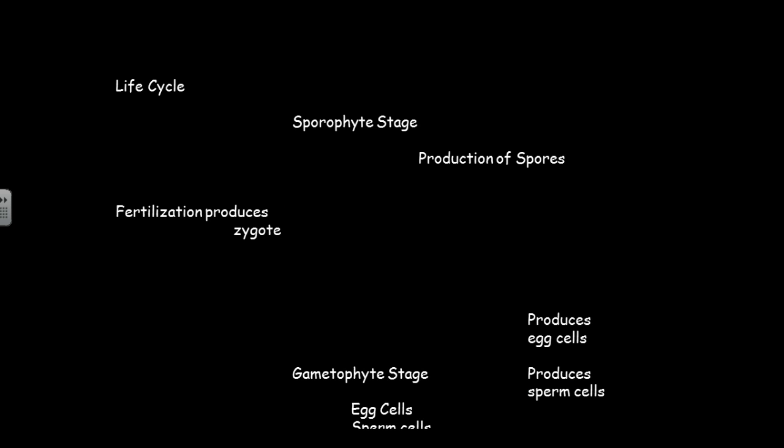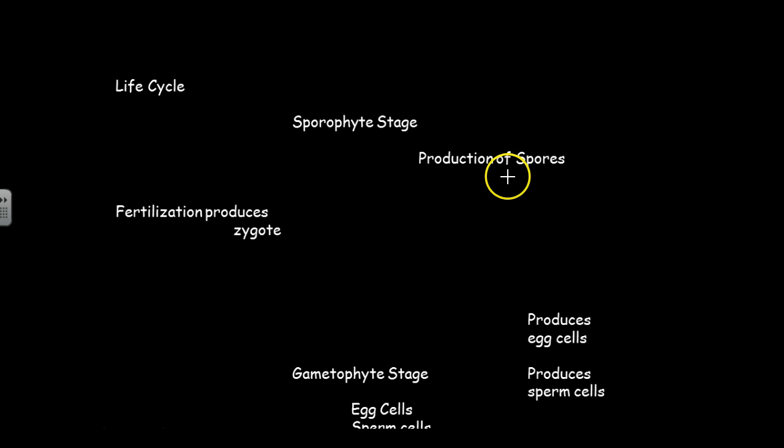The life cycle of a plant. And so what we have here for our life cycle is that there is a stage that is called the sporophyte. And so sporophyte means that they're going to produce little spores. And when we're talking about spores, I'd like you to think of them as little cells that contain a bunch of information that they're going to be able to make new plants.